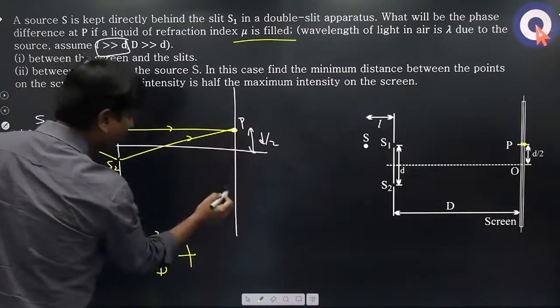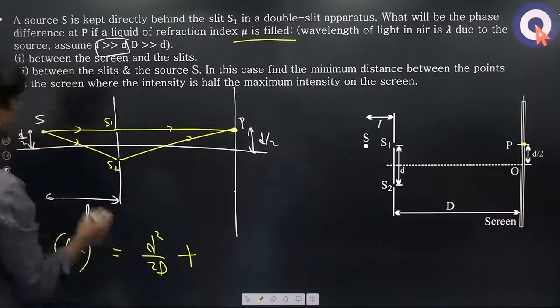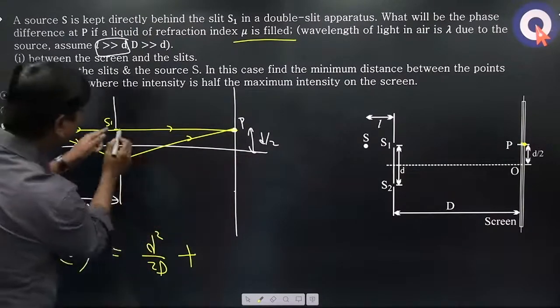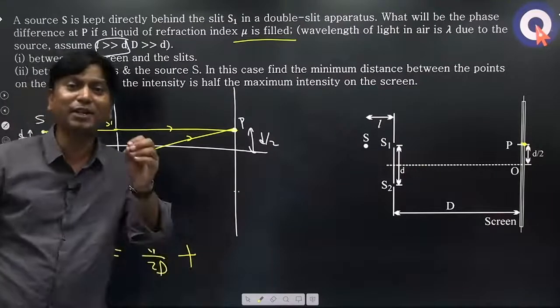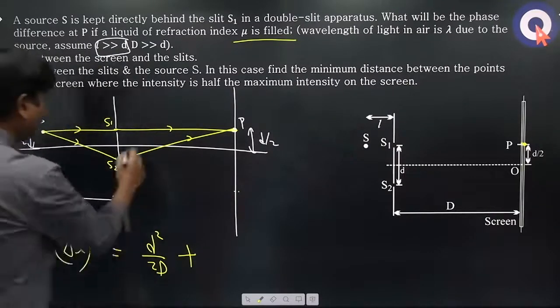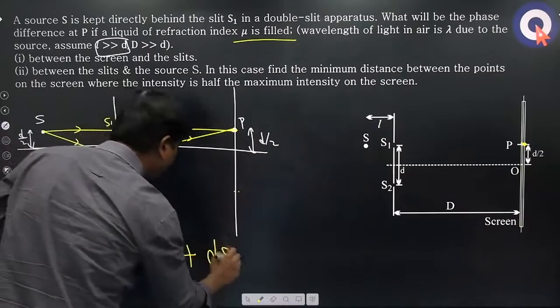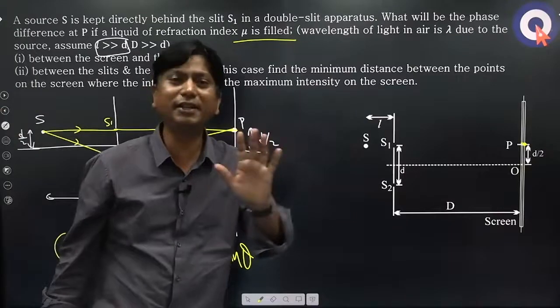Suppose if the same point P, instead of here, is here, then this is longer, but here S1P is longer, so that time you will take minus in between. So plus d sin theta is the path difference when completely it is in air.